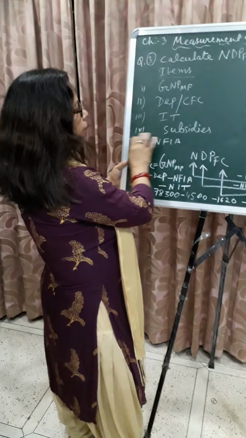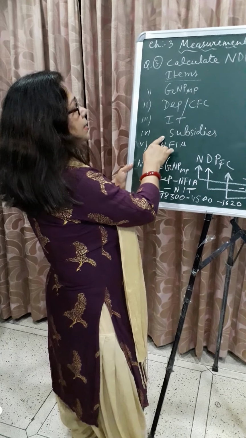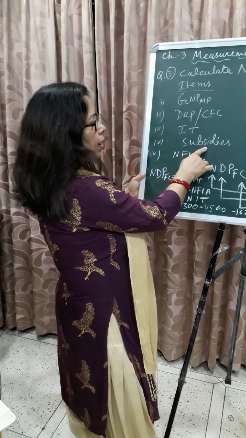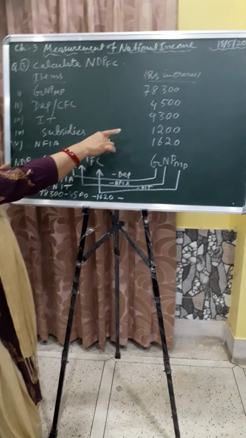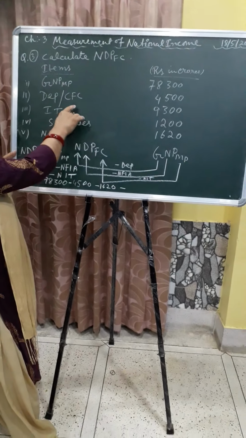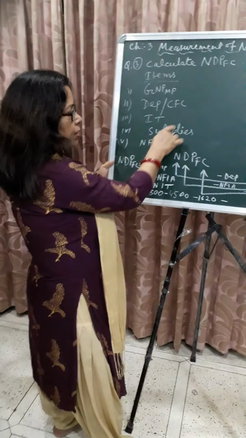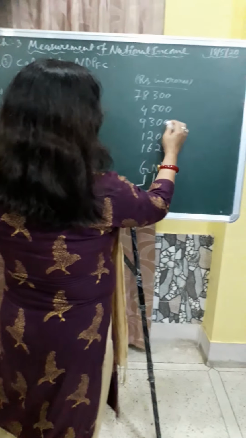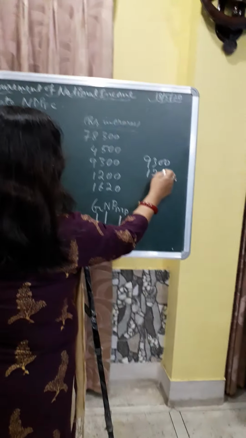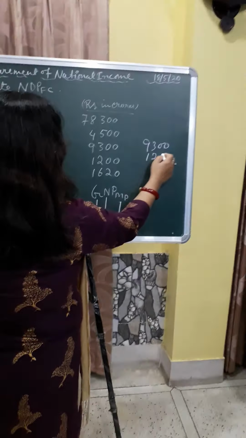Here only IT and subsidy are given. So NIT is IT minus subsidy. IT is 9,300 and subsidies 1,200, and we subtract. 9300 minus 1200 is 8100.